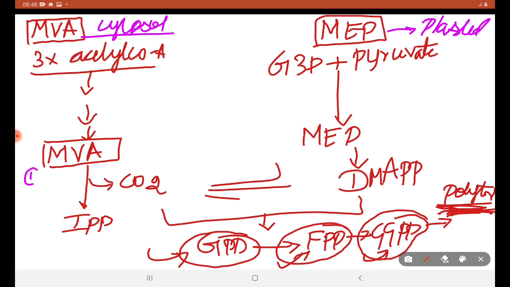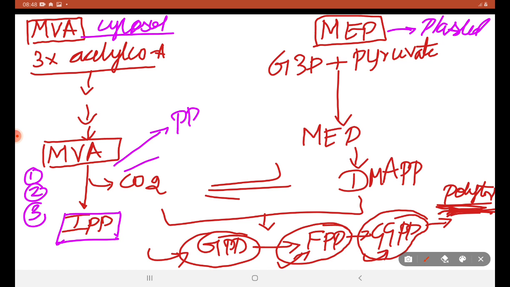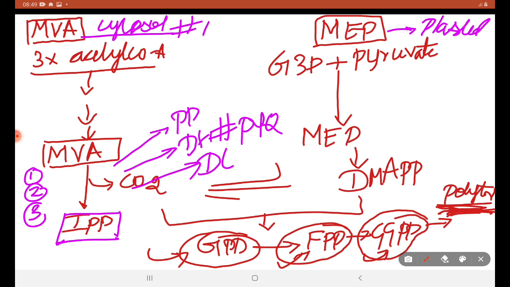Here 3 reactions occur in the conversion of mevalonic acid to isopentenyl pyrophosphate. This includes pyrophosphorylation, dehydration and decarboxylation. This is a previous year question. This location is a previous year question.